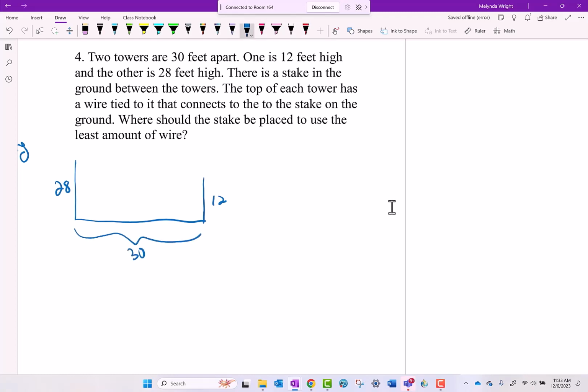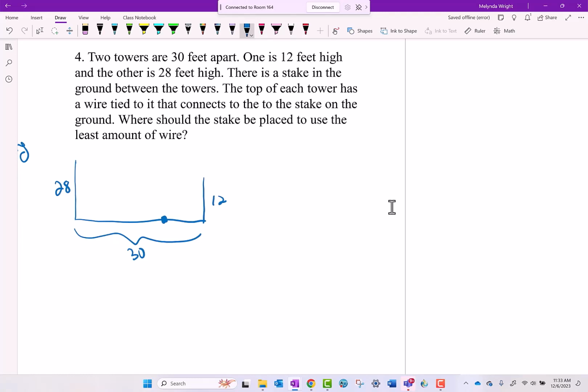Okay. There's a stake in the ground between the towers. Now, it doesn't tell us where the stake is, so I'm just going to guess. It doesn't really matter. I'm going to put it right here. Okay, the stake is right there, somewhere between. We don't know. The top of each tower has a wire tied to it that connects to the stake on the ground.